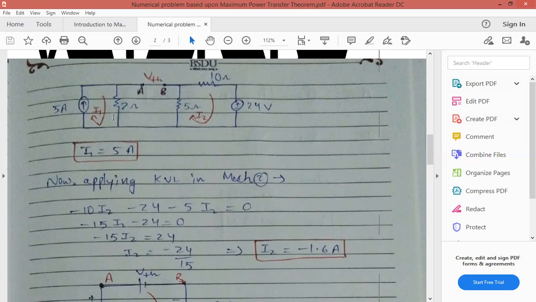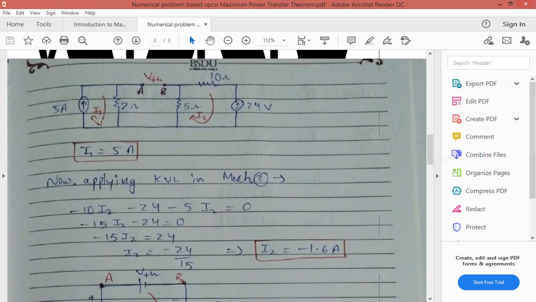First of all, we have to identify the number of meshes in this circuit. There are two meshes. In the first mesh, we assume that current I1 is flowing in the clockwise direction, and in mesh 2, current I2 is flowing in the clockwise direction.